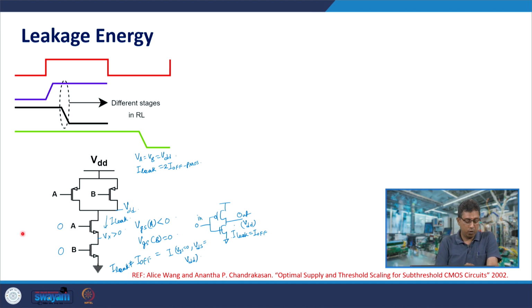Now, if we look at this timing diagram, in the context of the logic circuit that we had discussed previously between launch and capture flip flops, different stages would switch at different times. This is the input of the NAND gate, this is the input of the NOR gate, and this is the input of the third stage, suppose.